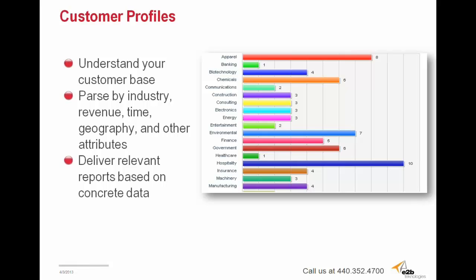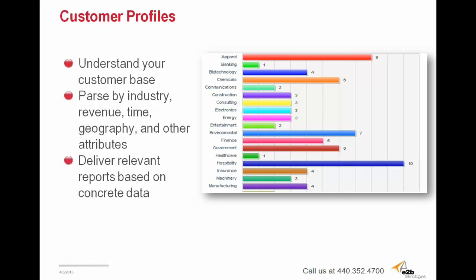Now, for a customer relationship management system to be truly effective, it has to obviously manage your customer relationships. Sugar allows you to evaluate customers based on profiles and key demographics so that you can fully understand your customer base. You can segment on any data you have and produce metrics on demographics such as industry, revenue, individual job title, geography, and any other attribute or demographic that you want to filter on.